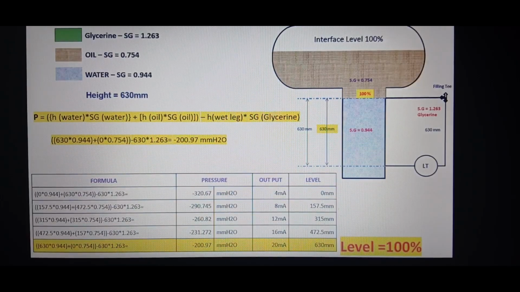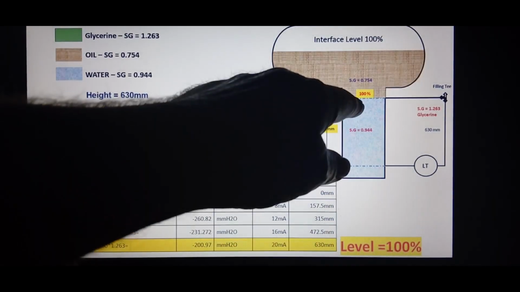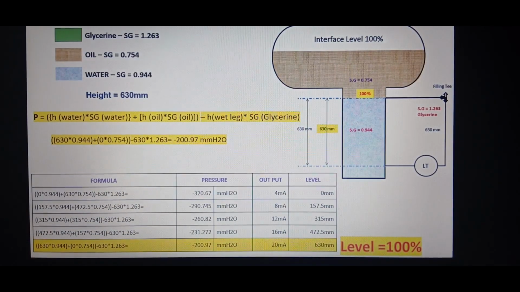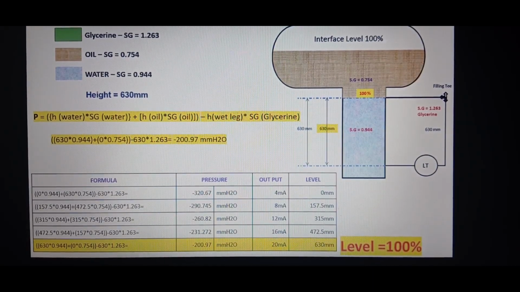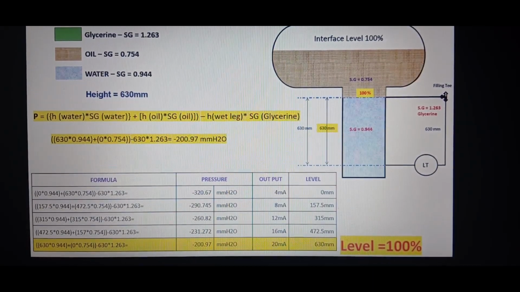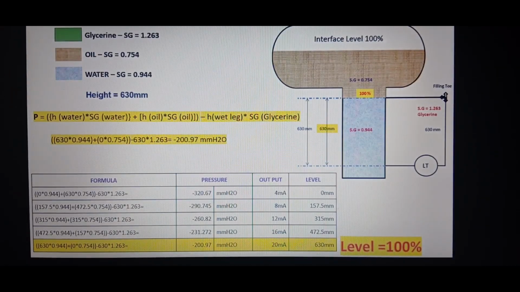And the final one is when your water is full and there's no oil. The oil is now on top, so we're not measuring any more oil now, we're just measuring water. This is the interface. There'll be times when you'll be measuring either only oil or only water, or water and oil at different measurements.